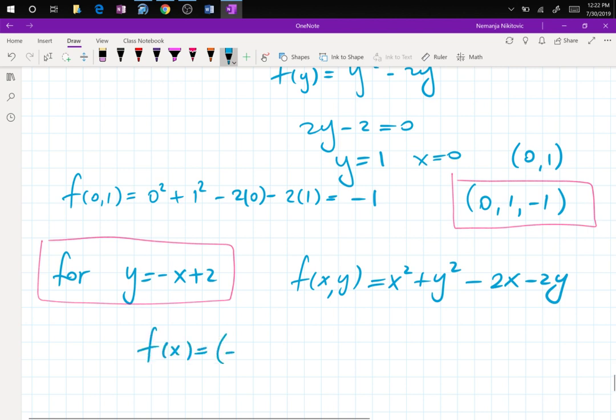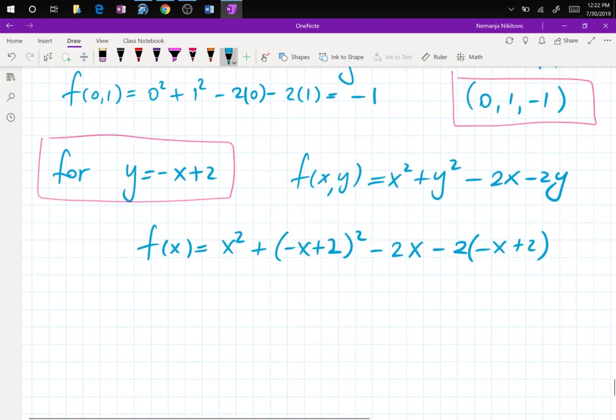That's going to be x squared plus negative x plus 2 squared minus 2x minus 2 times, and the y is negative x plus 2. So you simplify this and you repeat again Calculus 1 optimization.